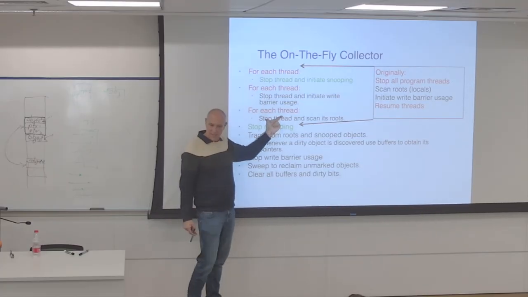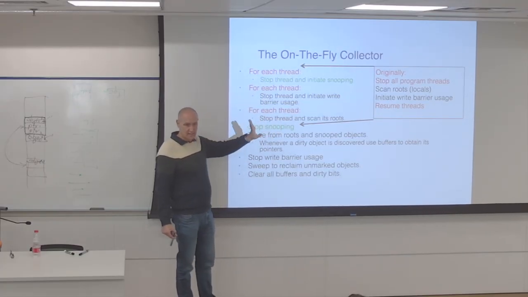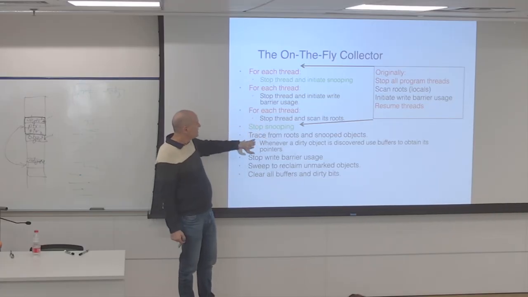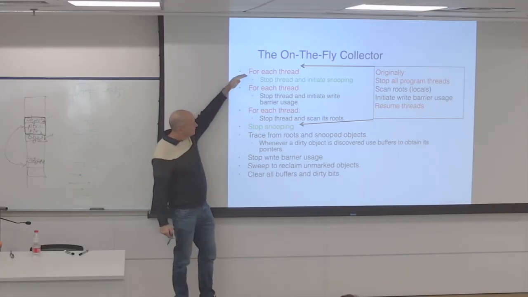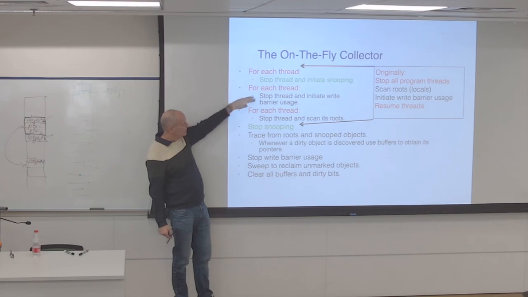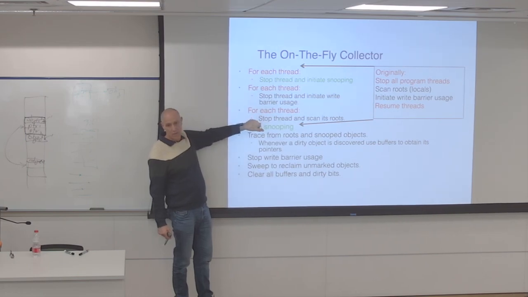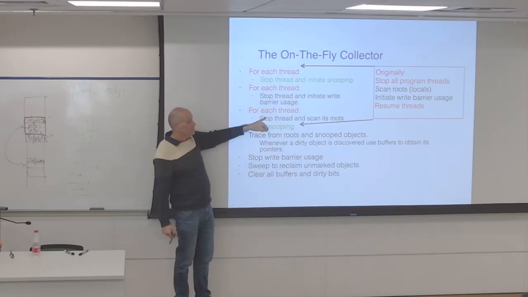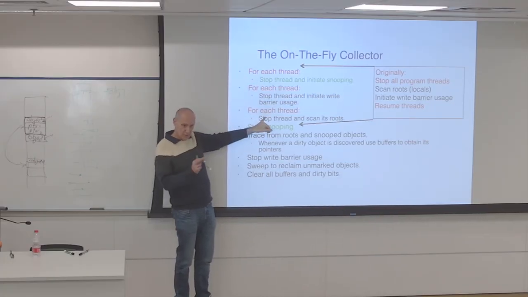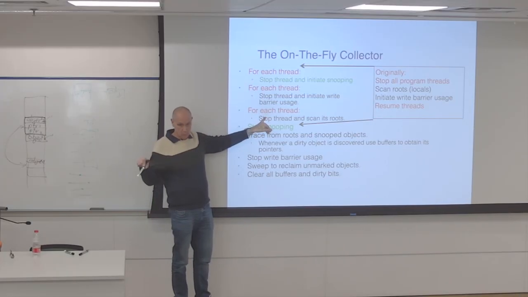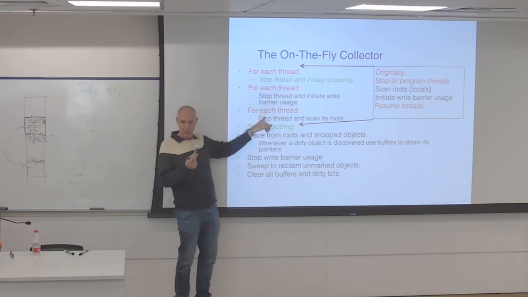So what's happening here? If you look, it's very much like DLG. DLG says you do one handshake, then you do a second handshake, and then you do a third handshake where you do the roots, where you mark the roots. And between the first and the third, whenever you change a pointer, you mark the old one and the new one, which we call mark the old and snoop. Because of this methodology, it's clear why I have to do both.